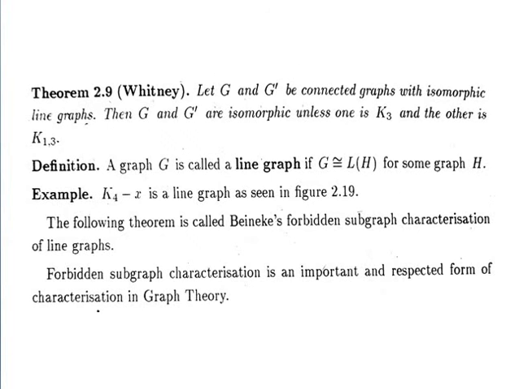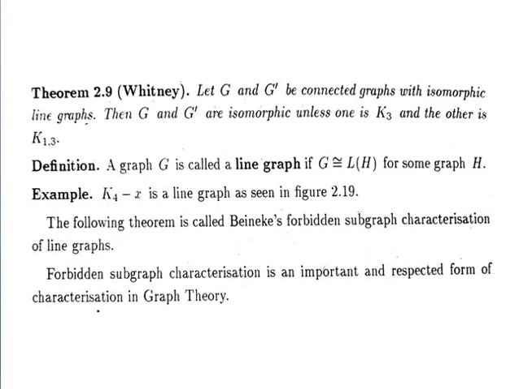We have an important theorem, Whitney's theorem. Let G and G dash be connected graphs with isomorphic line graphs. Then G and G dash are isomorphic unless one is K3 and the other one is K1,3. They simply say that we consider two graphs G and G dash.